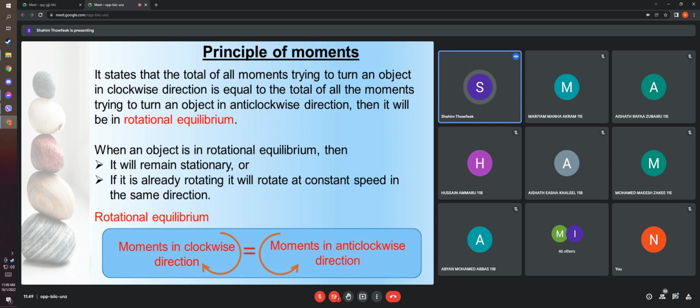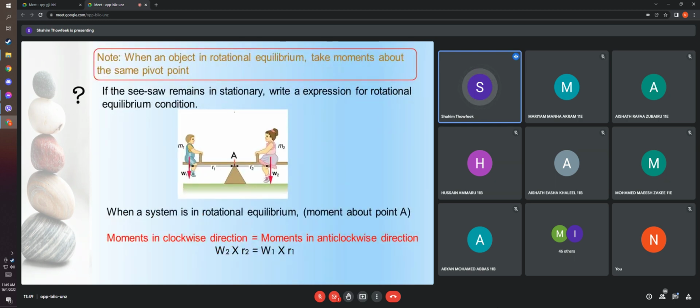How to apply this principle? Okay, for a simple example, a seesaw. When you are applying this principle, the one thing you have to note, when an object is in rotational equilibrium, take moments about the same point.